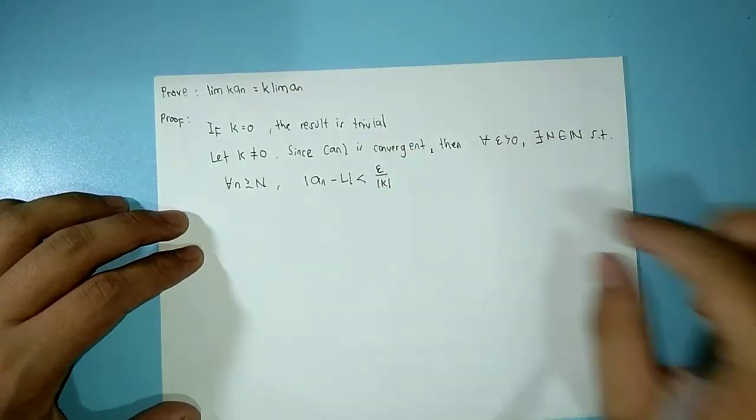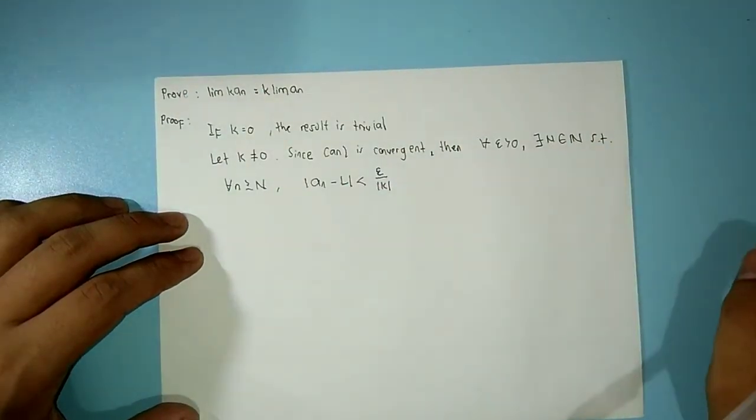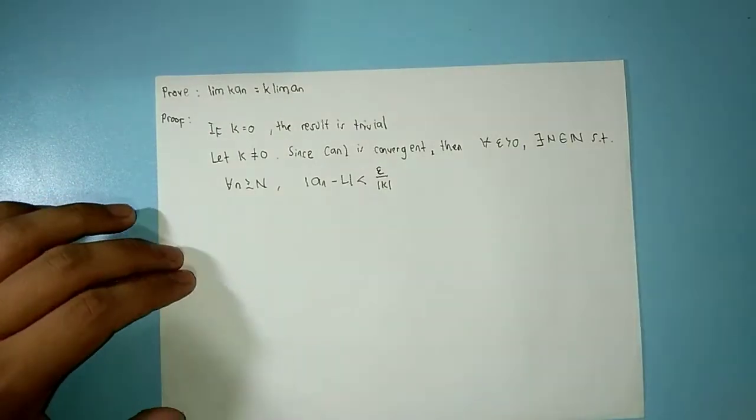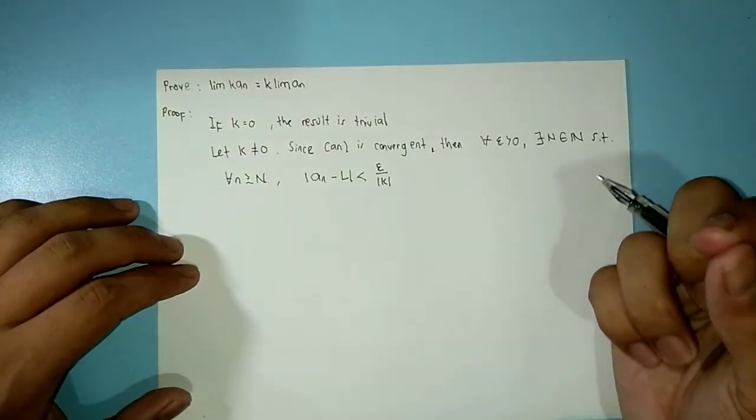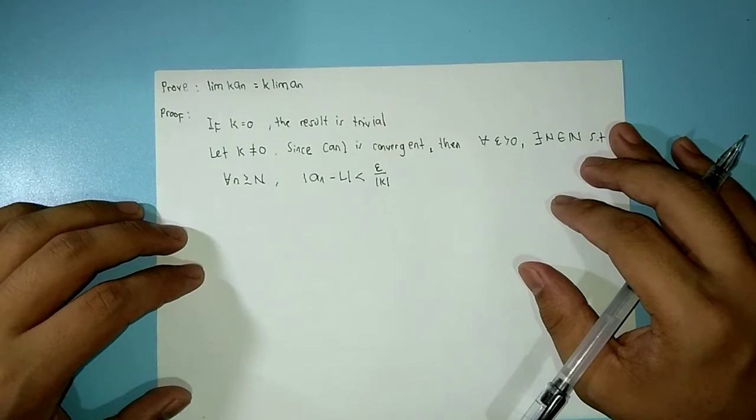Para ano natin na positive. Okay? Kasi katulad nga ng sinabi ko, yung epsilon is arbitrary. Okay?